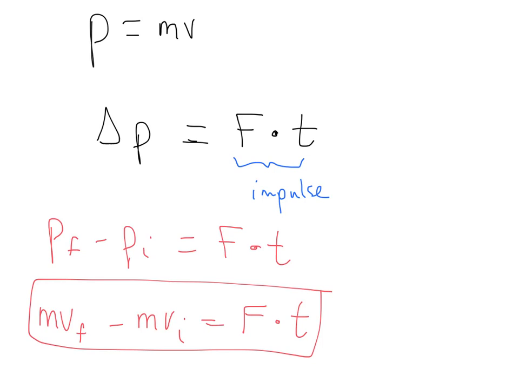Kilogram times meters per second are the units of momentum. If it says the object's momentum changes by 40 kilogram meters per second, that's what goes in for delta P. Then you just divide by time or by force, depending on what you're solving for. Are we all focused in that back row?